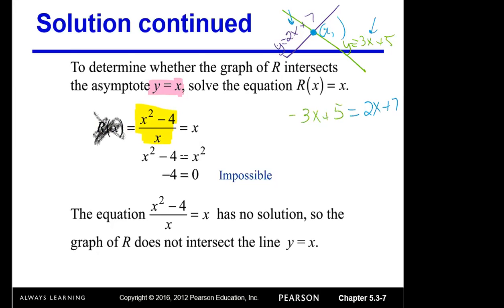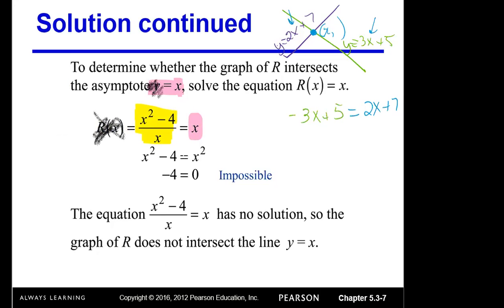So they took the stuff I highlighted in pink and they set it equal to the x, because they said, well, we don't need that y part. If y is equal to this, but y is also equal to that, then my this is equal to my that.